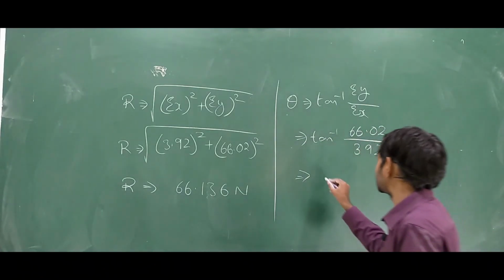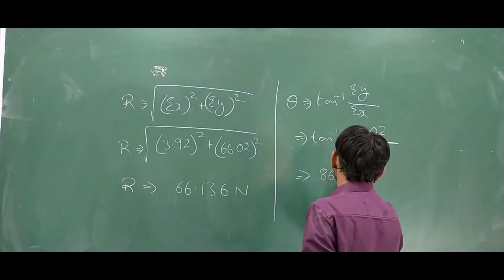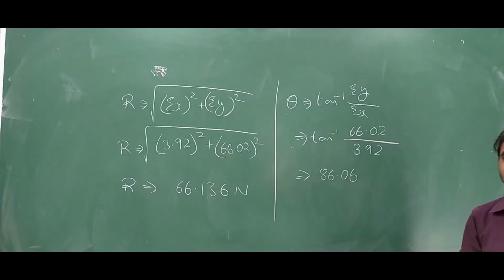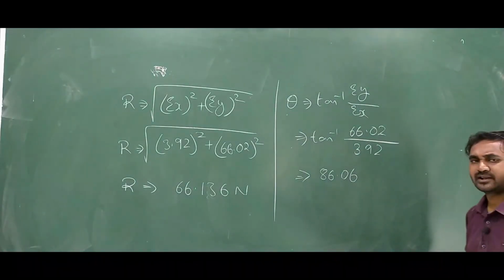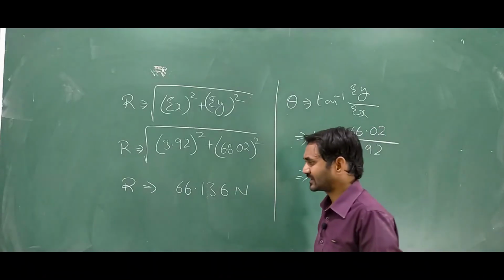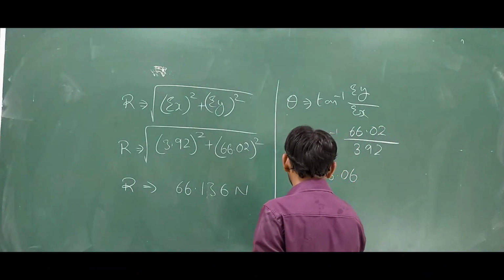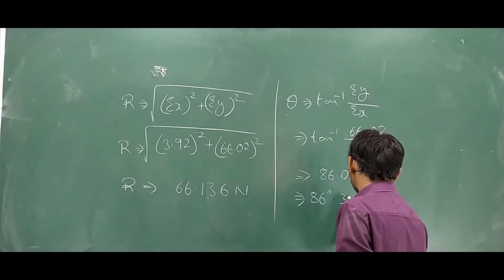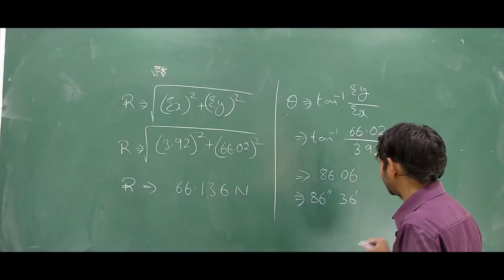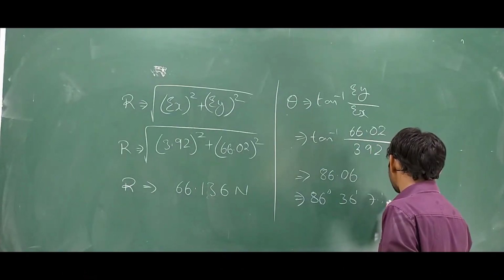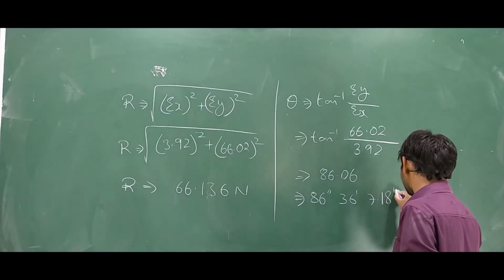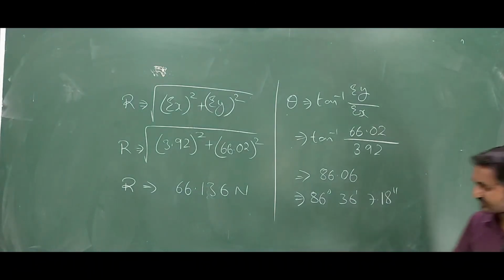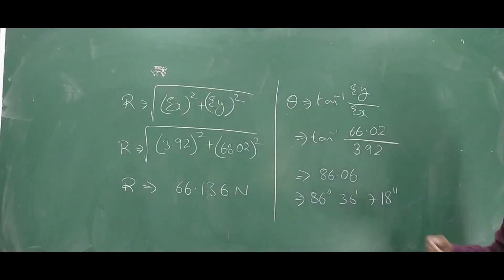So tan inverse of 86.06. But you want that in degrees. So in your calculator, press the degree button, and you will get it in this format, that is 86 degrees 36 minutes 18 seconds. So this is your resultant and this is your angle.